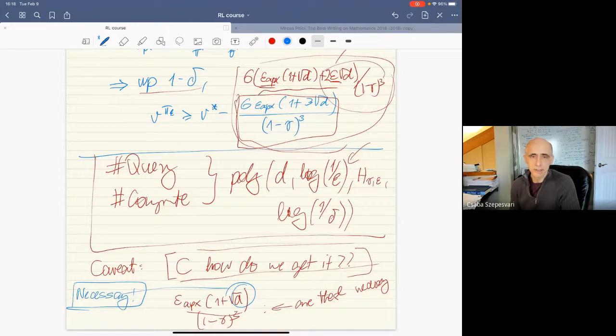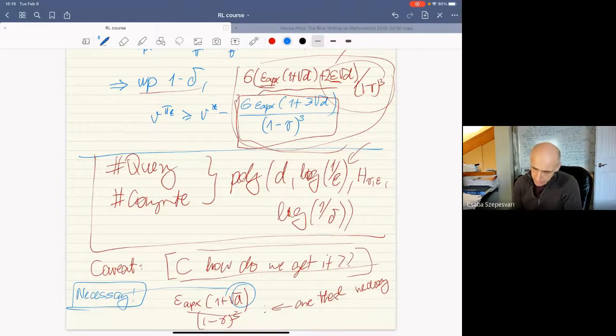For special feature maps, sure, you can reduce it, like state aggregation kind of things. That's fine. But if you have a general feature map, then this square root of d factor is real. If you try to go below this square root of d, you pay a very steep price in both query complexity and, as a result of that, computation time as well.